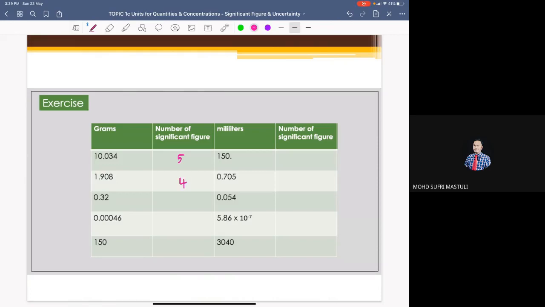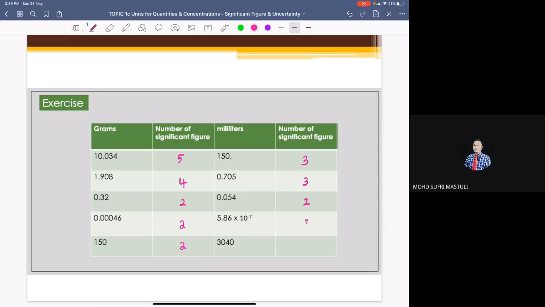The third one, only two. Also the fourth, only two, because they don't have any decimal point. This one is three significant figures because they have a decimal point. This one is only three because the leading zero is insignificant. This one is only two, as the leading zero is insignificant.